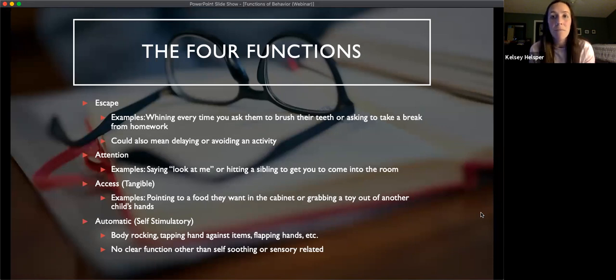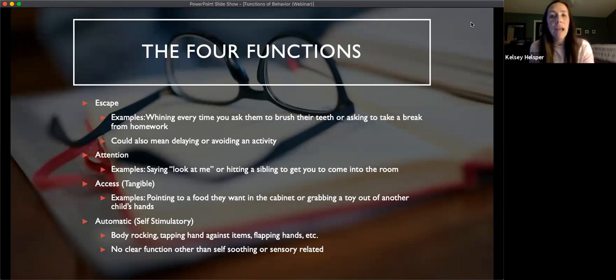I'm sure it's kind of across the board, but pointing can be a way that they're trying to communicate their needs. So pointing to something that they want in the cabinet could be a really appropriate way for them to get something that they want. An inappropriate way could be grabbing a toy out of another child's hand without asking. But you can see that both of those are functioning because they want access to something.